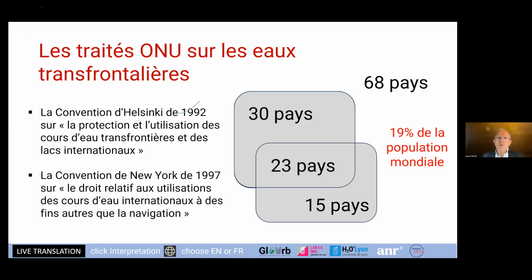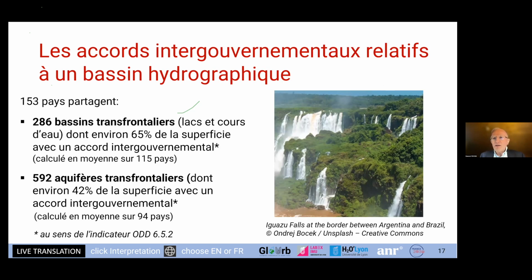So these conventions can definitely be improved. But there are many countries who are not part of these conventions because many countries don't want to be part of the conventions. They don't want to cooperate when it comes to water resources. There are countries who are doing everything to put a spanner in the works of any dialogue.